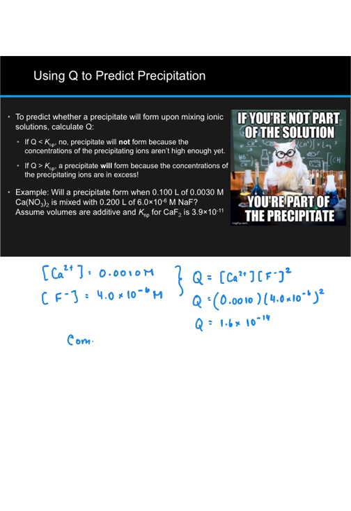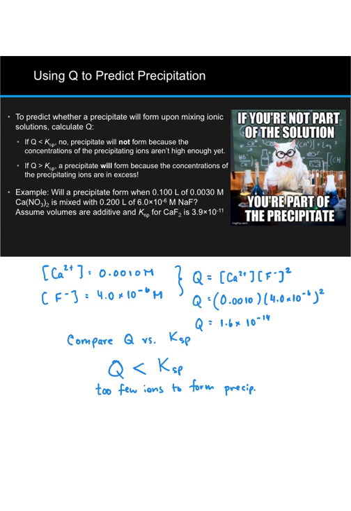We'll next compare Q versus our KSP. What we find is that Q is less than our KSP. Q is small, meaning that we don't have enough ions yet in order to make a precipitate form. So, anytime Q is small, there are too few ions to form a precipitate.